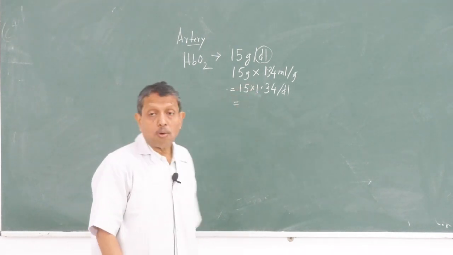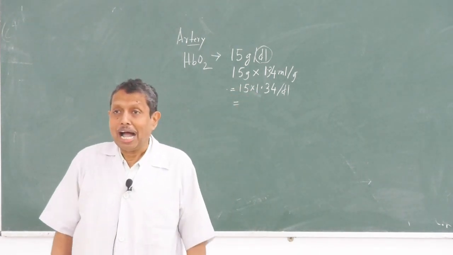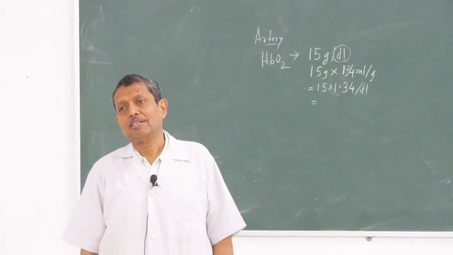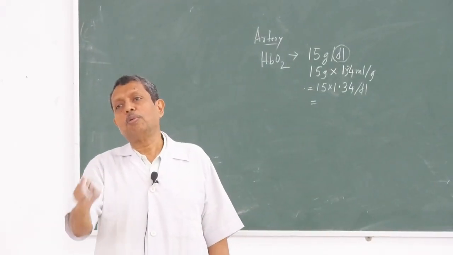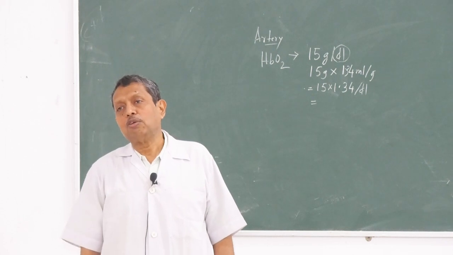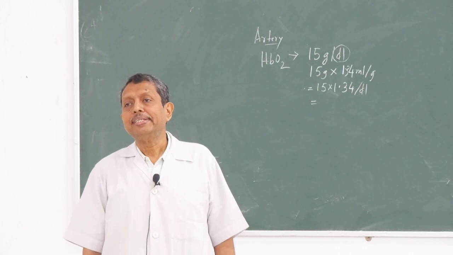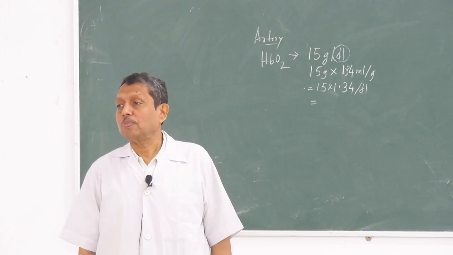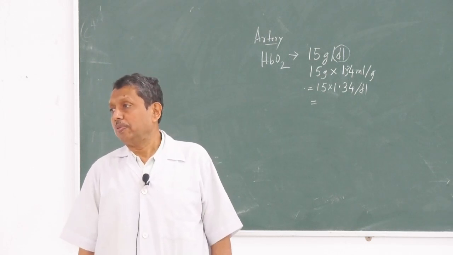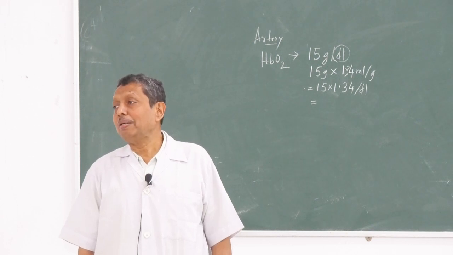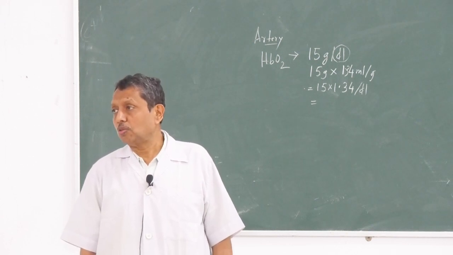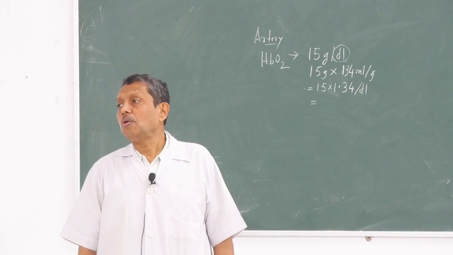Ideally, it may be 1.39. If you calculate from your knowledge of chemistry, you will find 1.39. But some of the hemoglobin is not in a utilizable form. Iron may be in the ferric form, methemoglobin also.